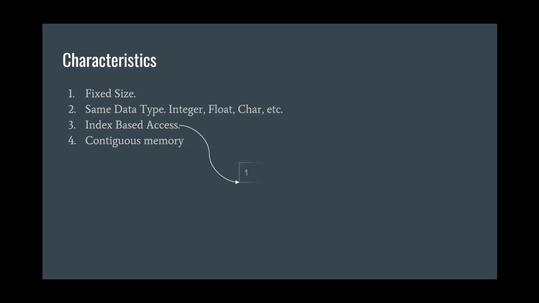So what is index-based access? Now let's take our previous example, 1 to 10. As humans, we cannot refer to the addresses. It's very difficult to write those complex addresses and remember them. So whenever we define an array, we have a reference point.